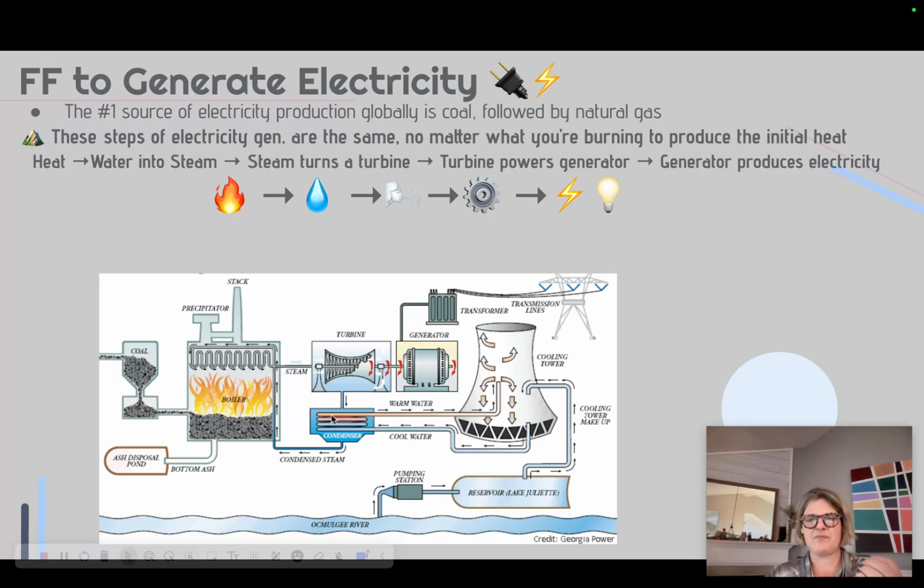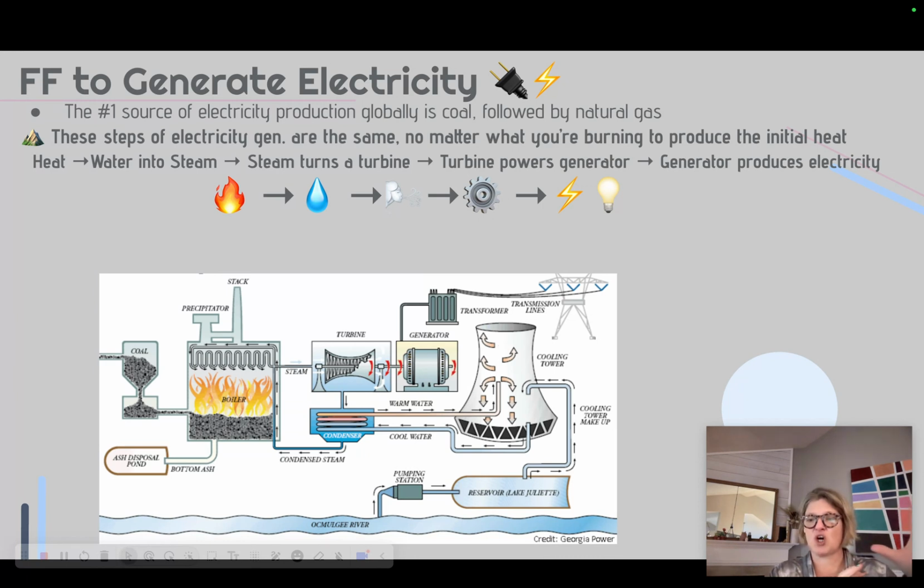So what do we do with it? Well, the hot water moves into these large smokestacks that then cool off the water, and then they can release the warm water, not boiling anymore, but warm water back into a reservoir.